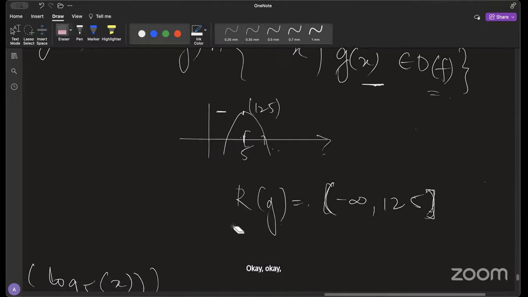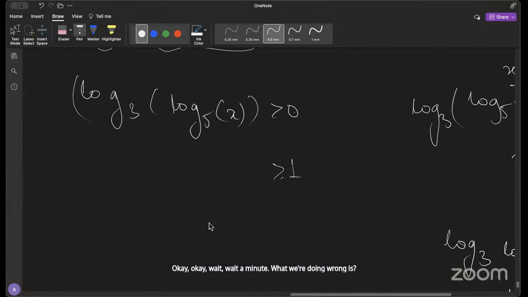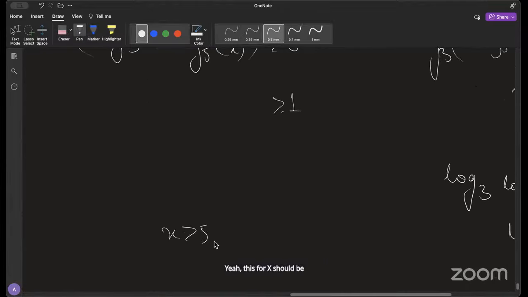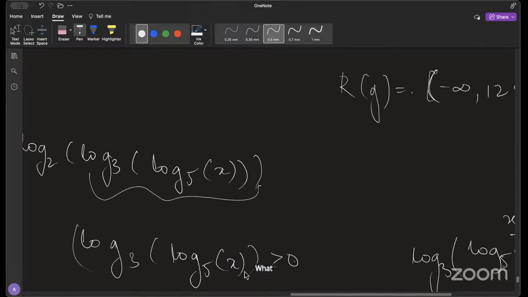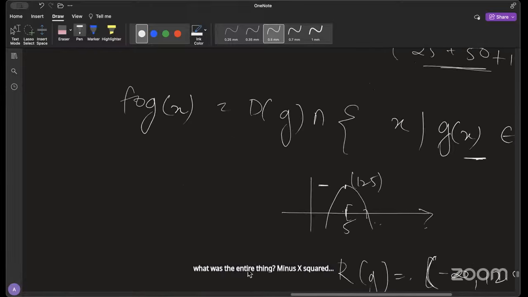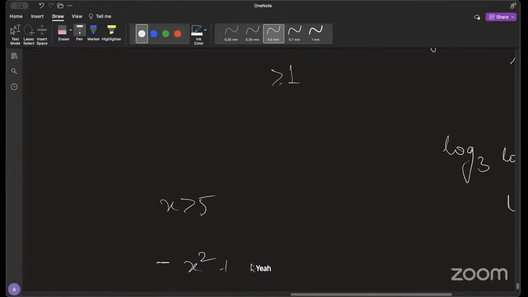Okay. Wait a minute. What we're doing wrong is, for this, x should be greater than 5. So we'd want minus x square plus 10x plus 100 to be greater than 5, right?